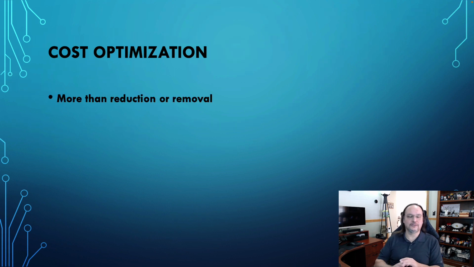Okay, so when we talk about cost optimization, one of the things that everyone is looking for is the quick fix, this is going to solve all my problems, I'm good to go, I've done this one thing, everything will be fine. And unfortunately, that is simply not how it works, okay? There's no magic bullet here. There's not a single thing that's going to say, hey, you do this, you're good to go, and you're done. It's just not going to happen.